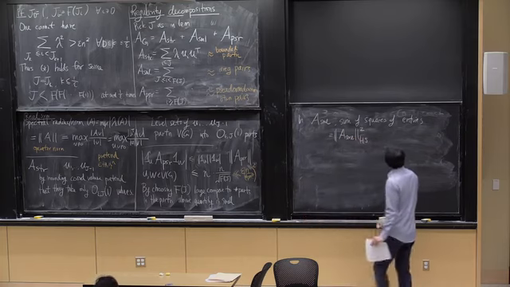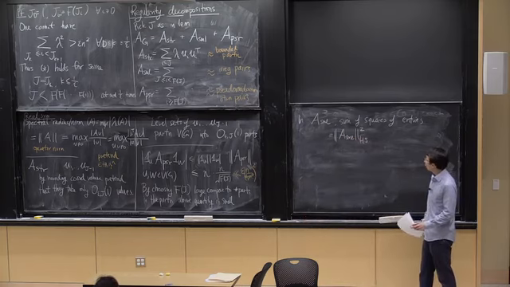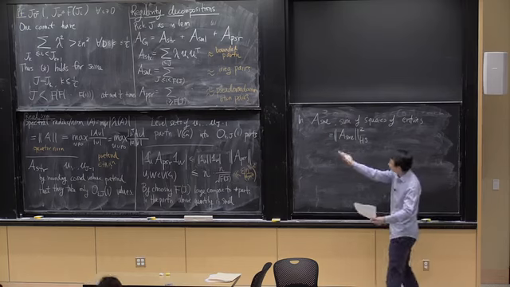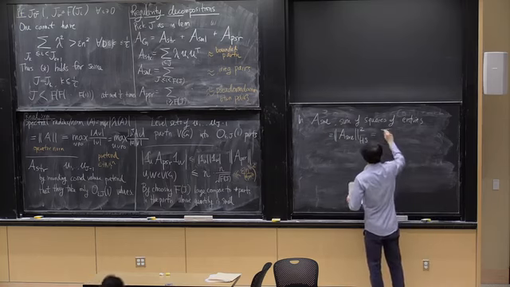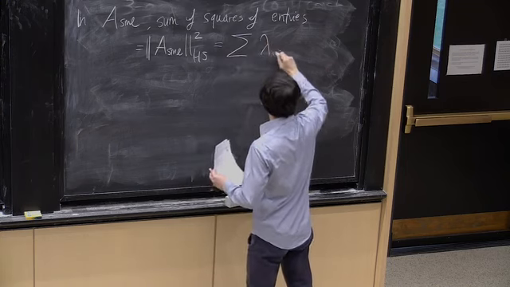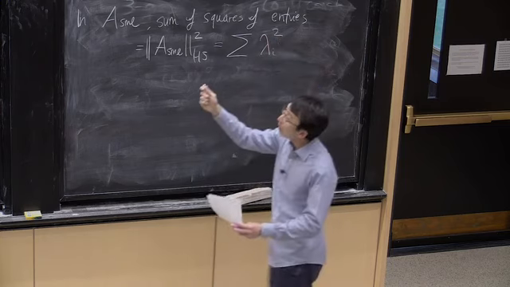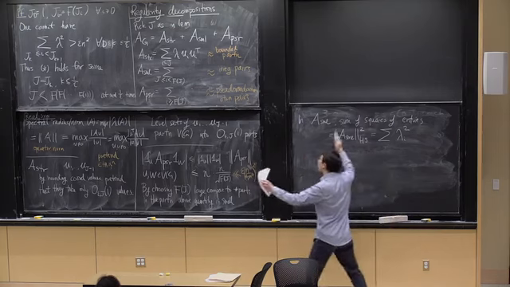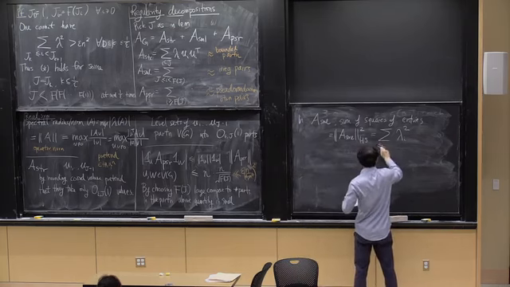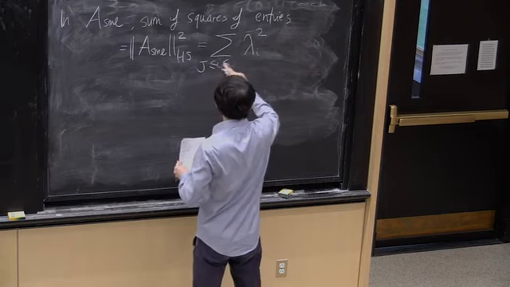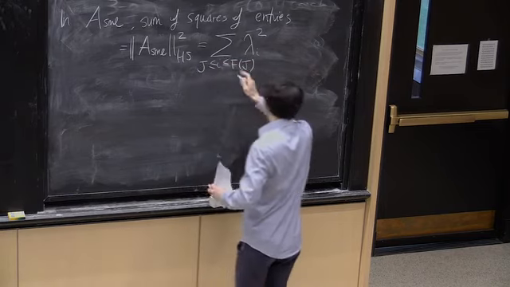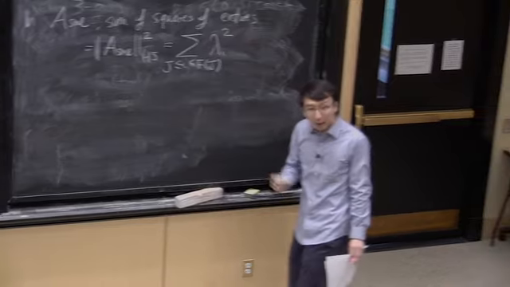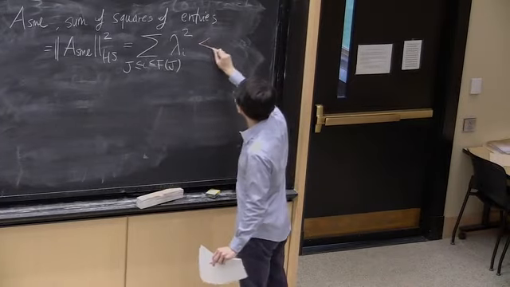So the sum of the squares of the entries, we basically saw this calculation earlier, is the sum of the squares of the eigenvalues, in which case we've truncated all the other eigenvalues, so the only eigenvalues left are between index J and f of J, and we chose J so that this number is small.